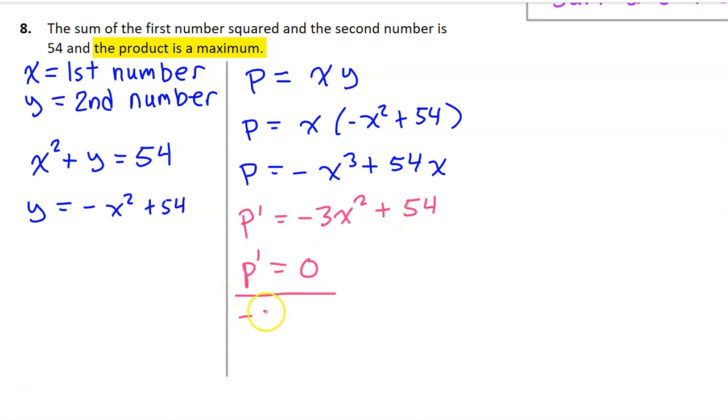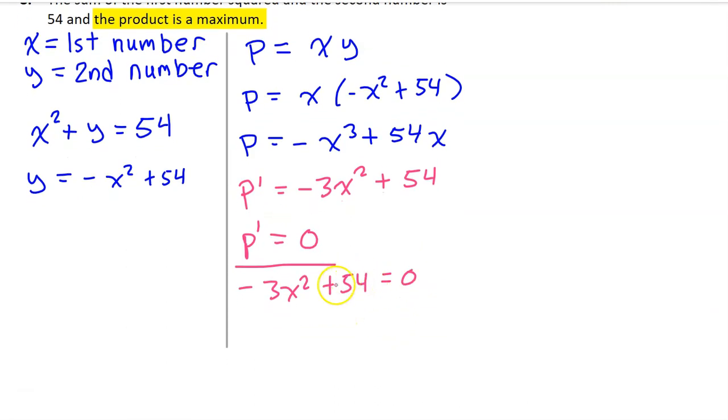So if we set negative 3x squared plus 54 equal to 0, subtracting 54 from both sides, we get negative 3x squared is equal to negative 54.